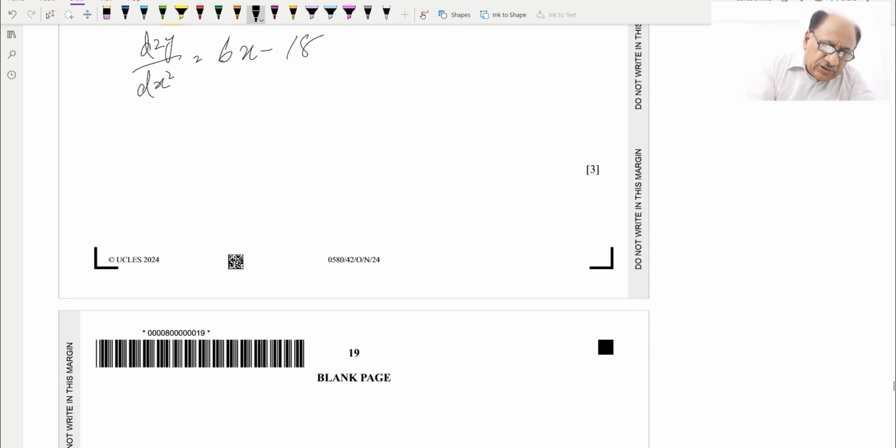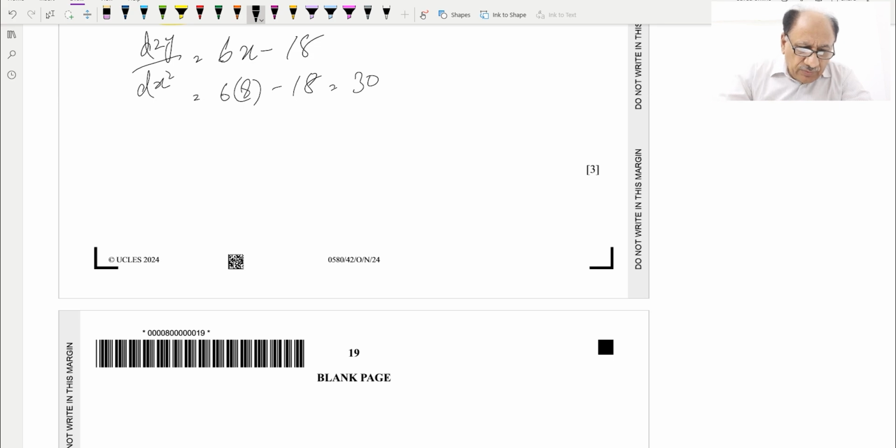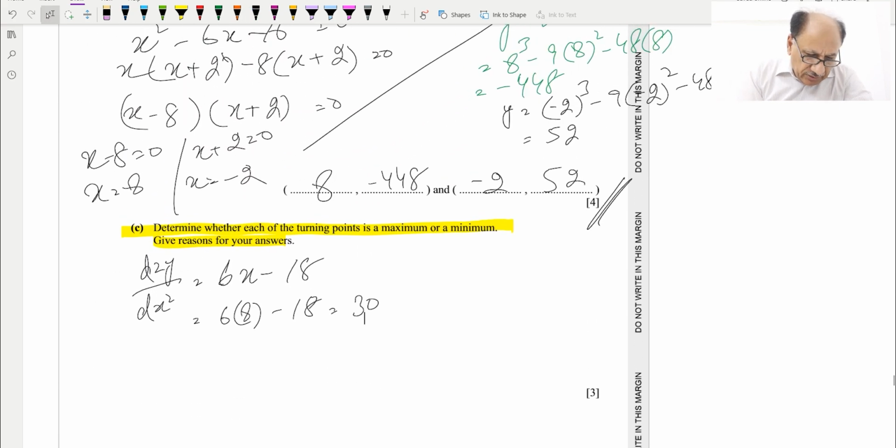If we replace 8, this will be 6 into 8 minus 18, which is equal to 30. This point, 8 and minus 448, will be our minimum because this is greater than 0.